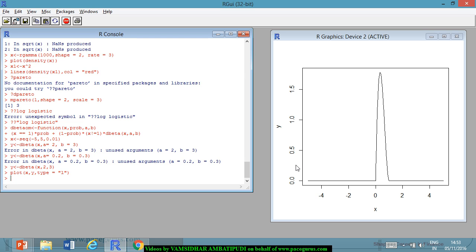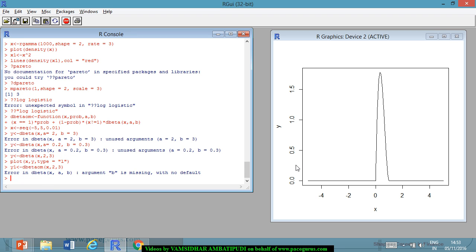But then if I use dbeta, let me call y1 as dbetaom, where we are doing a 1 modified for the same x, 2 3. Oh, I require probability as well.